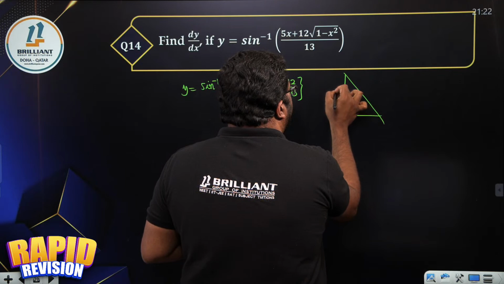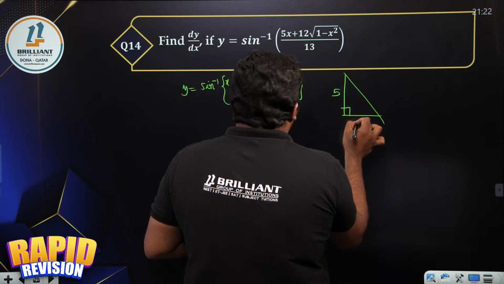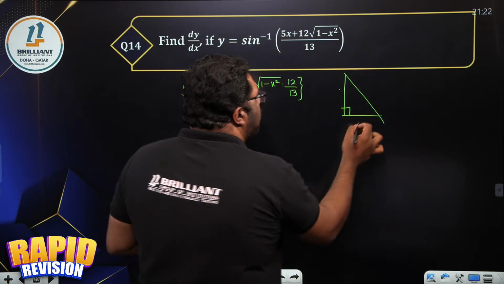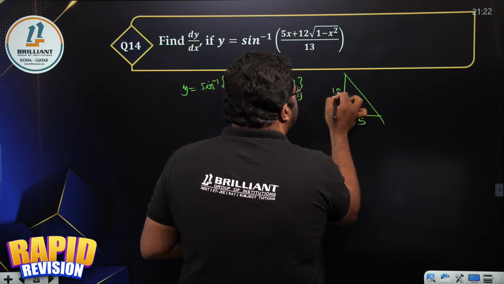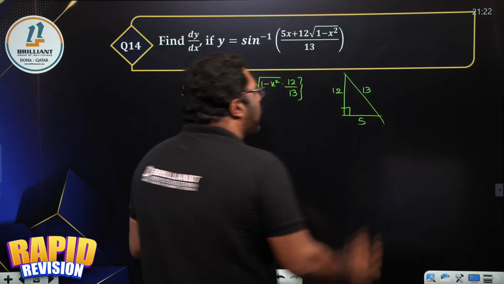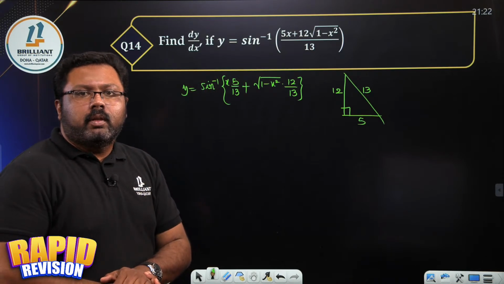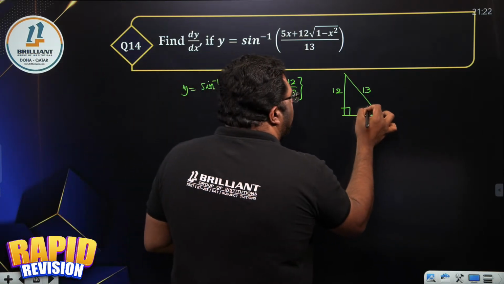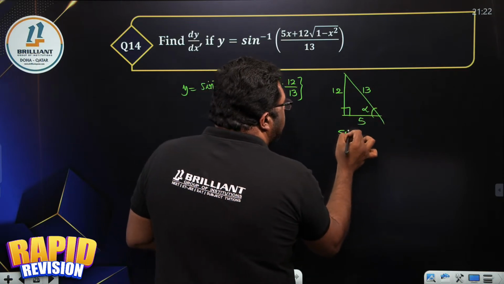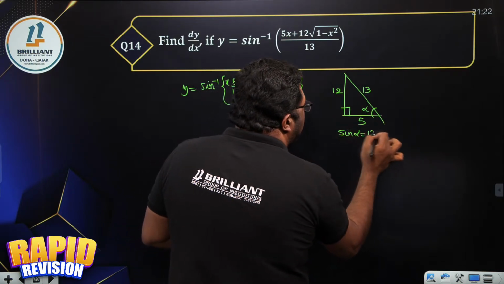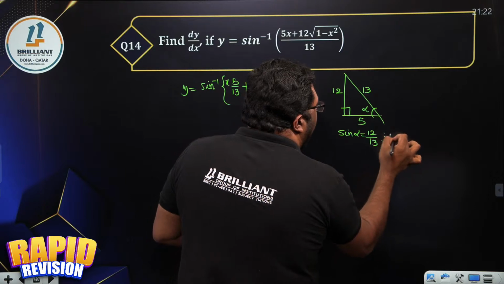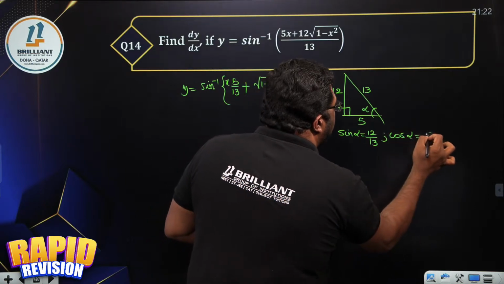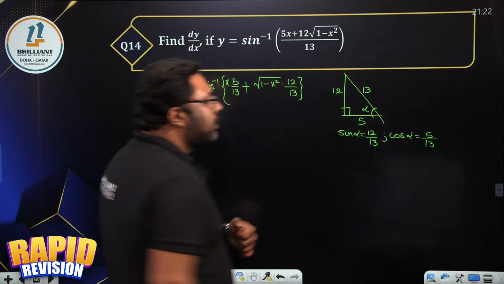This is 5, this is 12, this is 13. Pythagorean triplets of a right-angled triangle. So if I call this angle alpha, I can say sine alpha is 12 by 13 and cos alpha is 5 by 13.